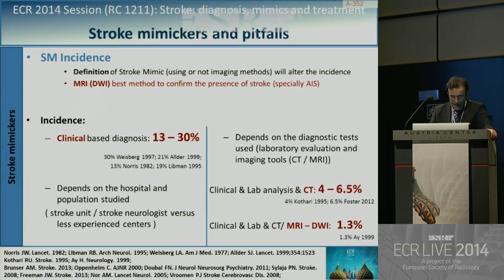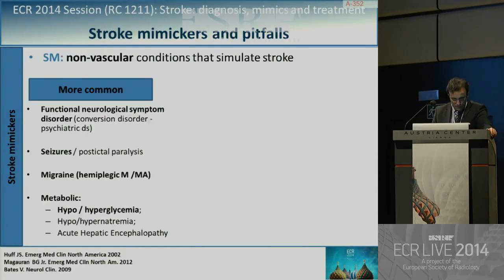But if we add imaging to the diagnosis, the number of stroke mimics gets much lower. It will go to 4 to 6% if you use just CT, whereas if you use diffusion MR, as we have seen in the last talk, you go down to 1% of mimickers. So the first thing is that imaging has done a good job in ruling out stroke mimickers.